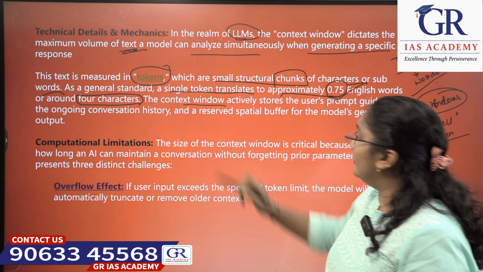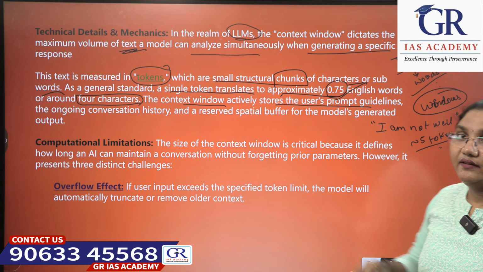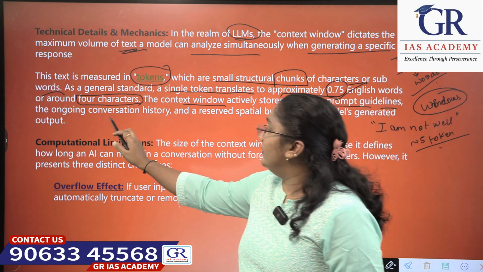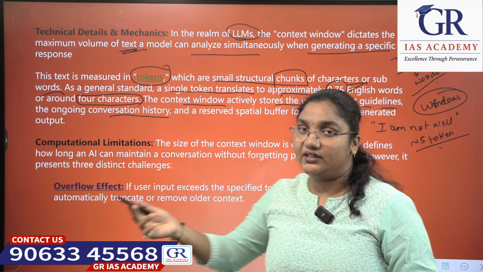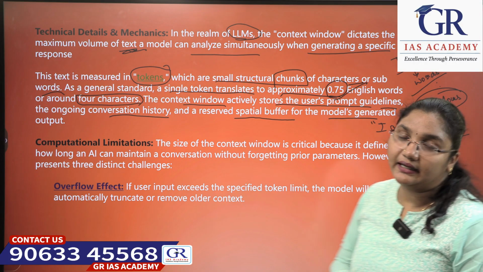The context window actively stores the user's prompt, guidelines, the ongoing conversation history and a reserved spatial buffer for the model's generated output.